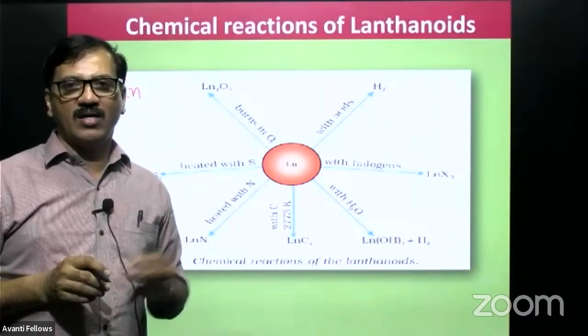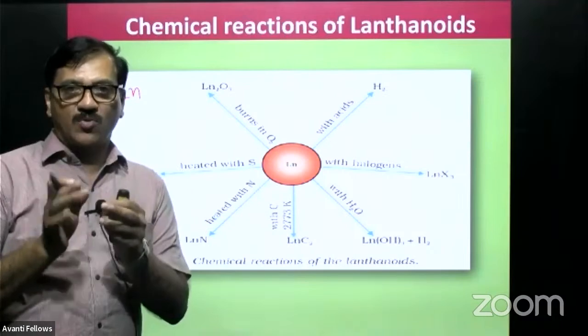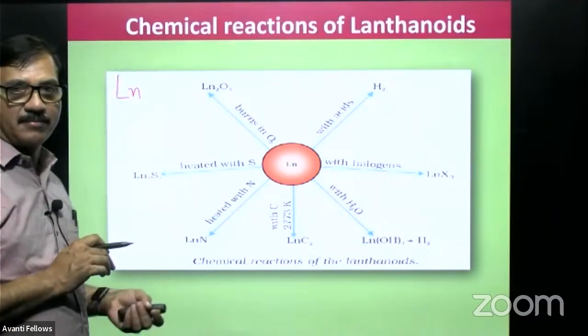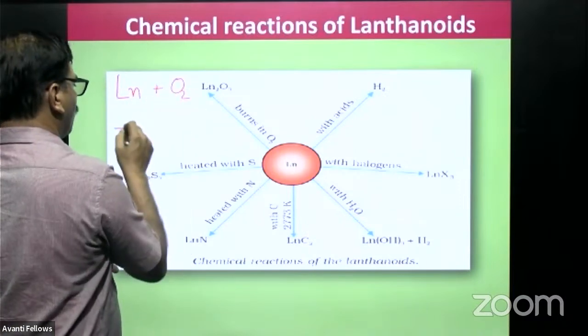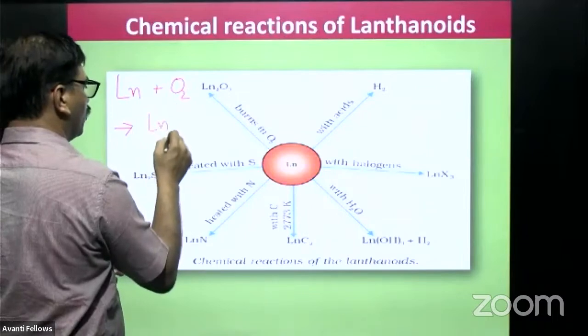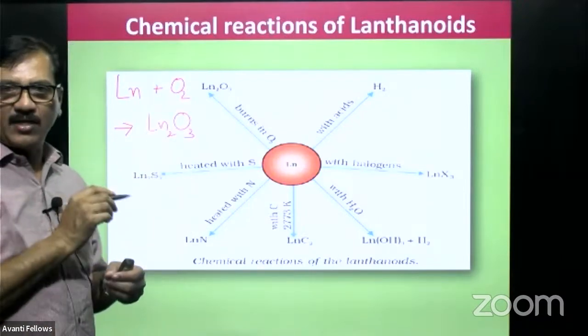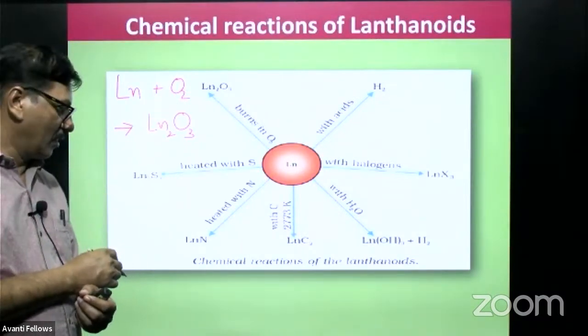In all chemical reactions, the products which are formed show the +3 oxidation state. Suppose it reacts with oxygen, what do you have to write? Ln2O3, just as aluminium oxide, you have to write, considering it for all lanthanoids. +3 is the oxidation state, right?